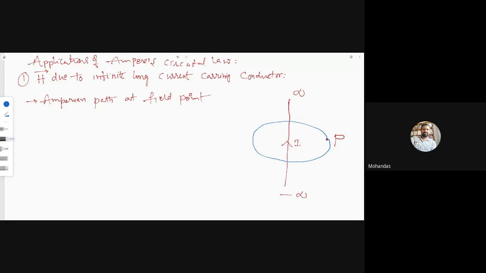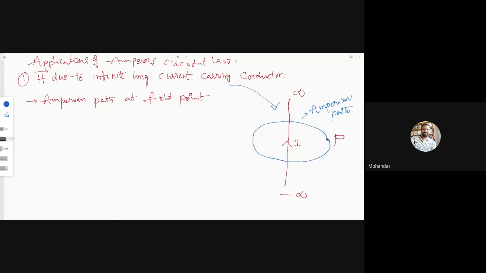This is known as the Amperian path. It is the closed path where the field point is selected and that encloses this conductor. This red one is the infinite conductor, which carries a current I in the upward direction. That is the first point.